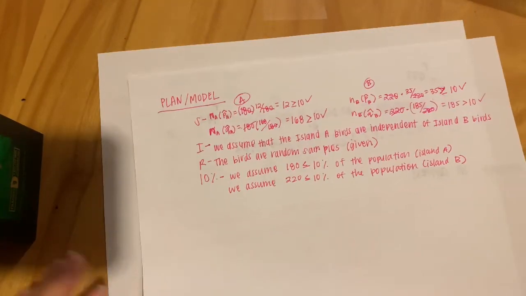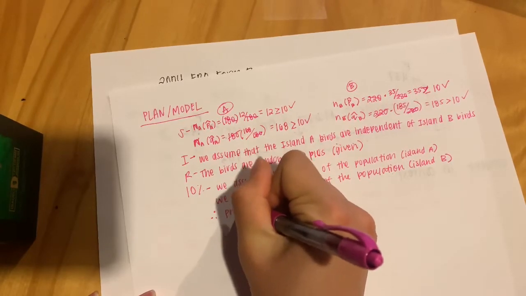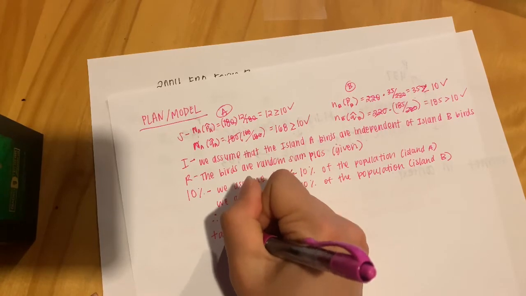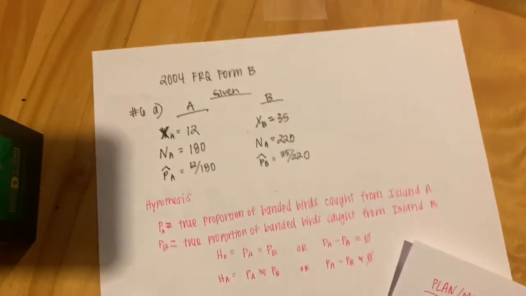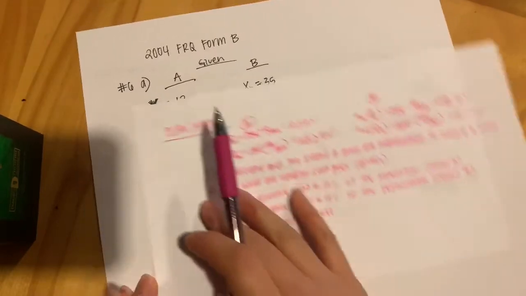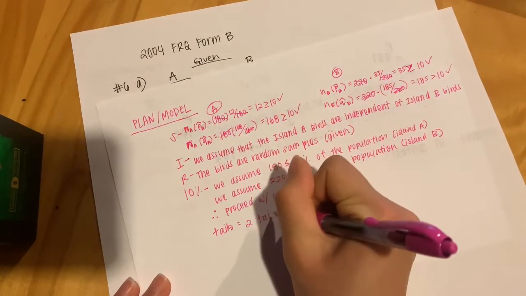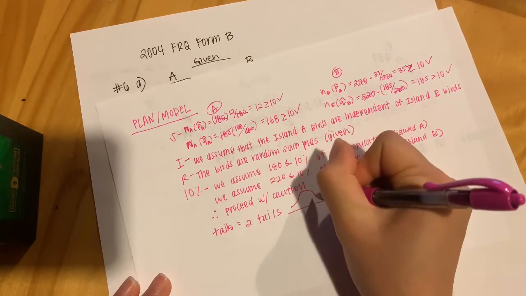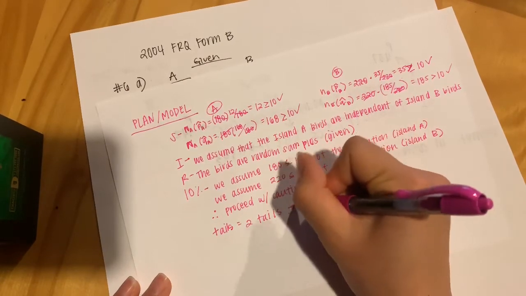So now that we have checked our assumptions, we're going to proceed with caution. We have to state our tails. Since this is not equal to, we're going to have two tails. So on our normal model, this would be shaded and this would be shaded.